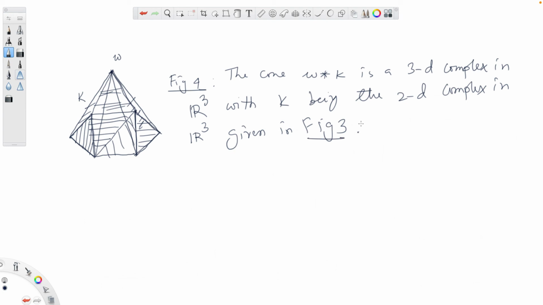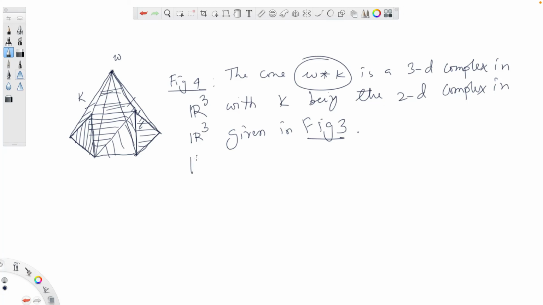So I leave it as an exercise for you to show rigorously that W star K is a well-defined complex. Okay. And it contains K as a subcomplex inside W star K. Okay, K is called the base of the cone.